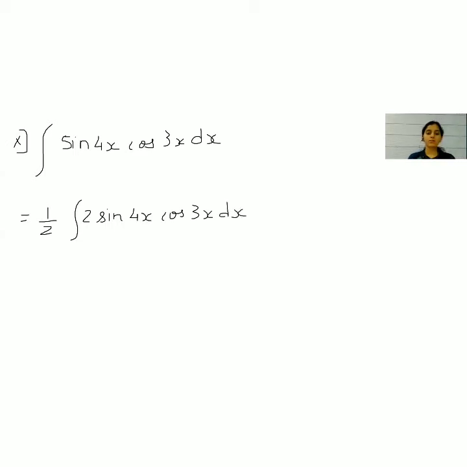So what can we say about 2 sin A cos B? Basically it is the addition of sin A plus B plus sin A minus B. So I'll just put the formula over here, what I'm going to use. 2 sin A cos B is equal to sin of A plus B plus sin of A minus B. This formula I'm going to use over here.